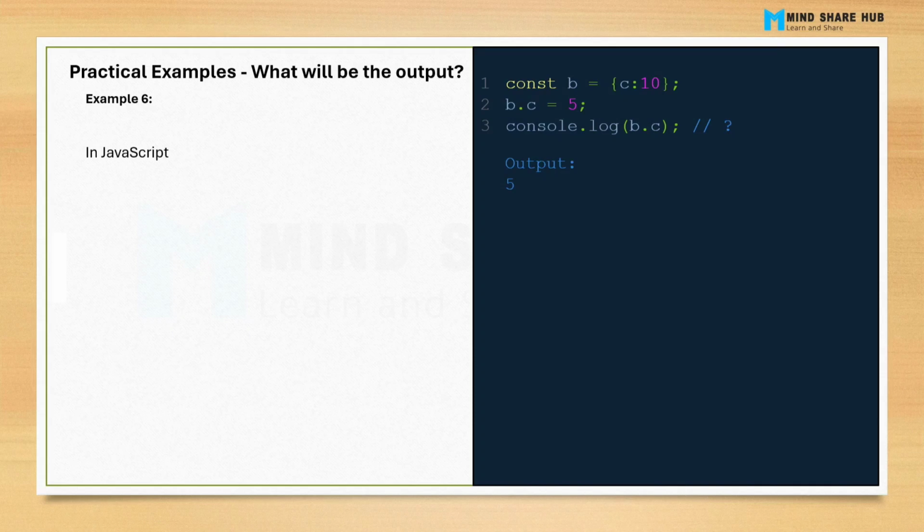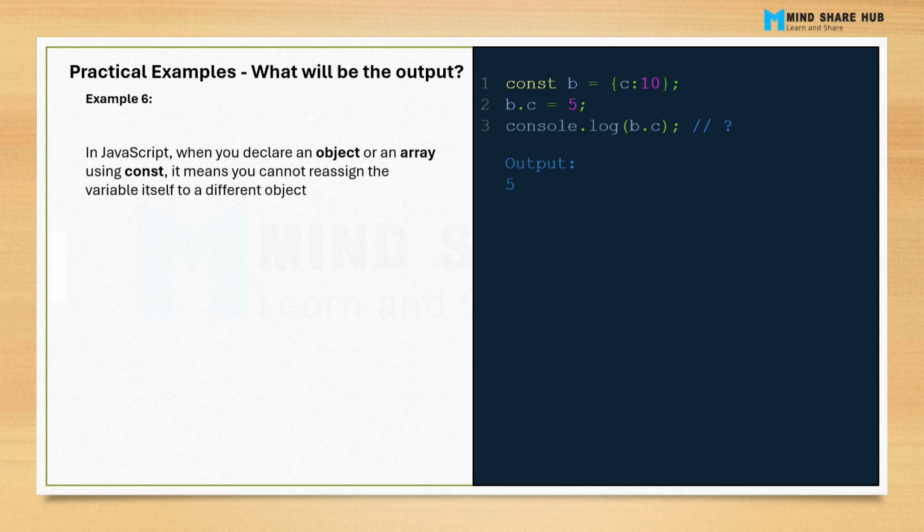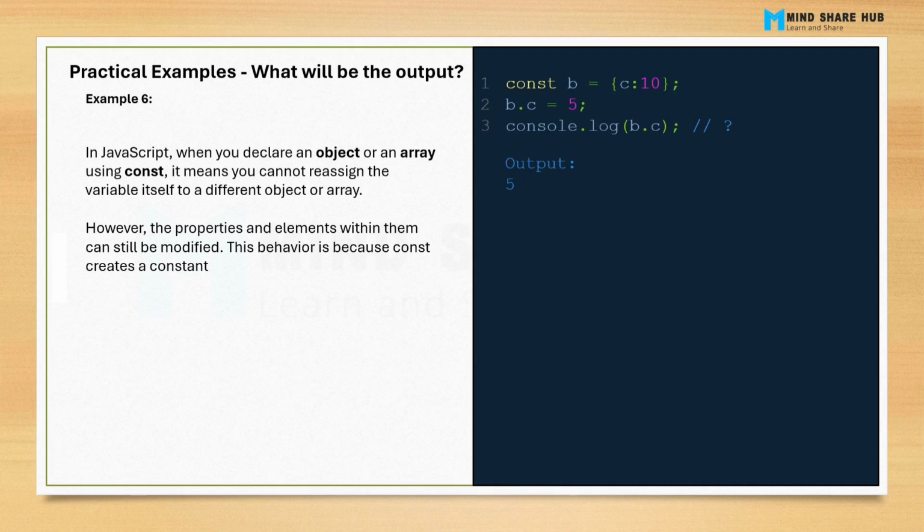In JavaScript, when you declare an object or an array using const, it means you cannot reassign the variable itself to a different object or array. However, the properties and elements within them can still be modified. This behavior is because const creates a constant reference to the object or array, not to its contents.